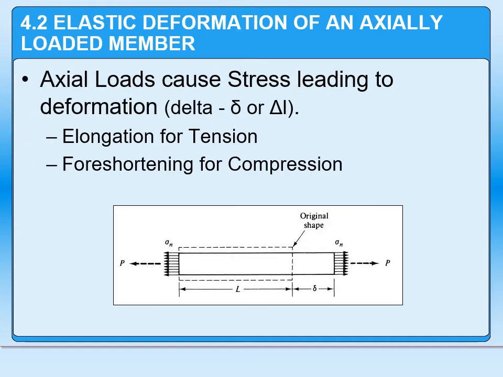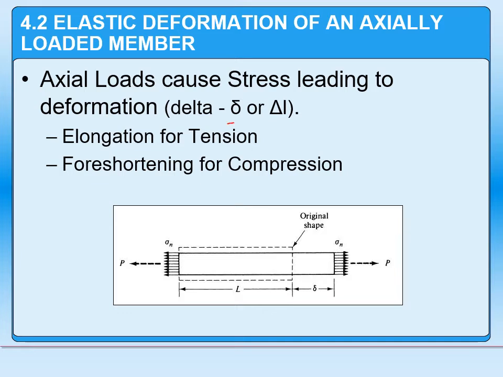As we know from the previous unit, an axial load is going to lead to stress inside a material. Stress is that internal resistance to deformation. In terms of that, we're going to see that there's a relationship between the load and deformation. For deformation, we use the symbol delta. We can see it right here.